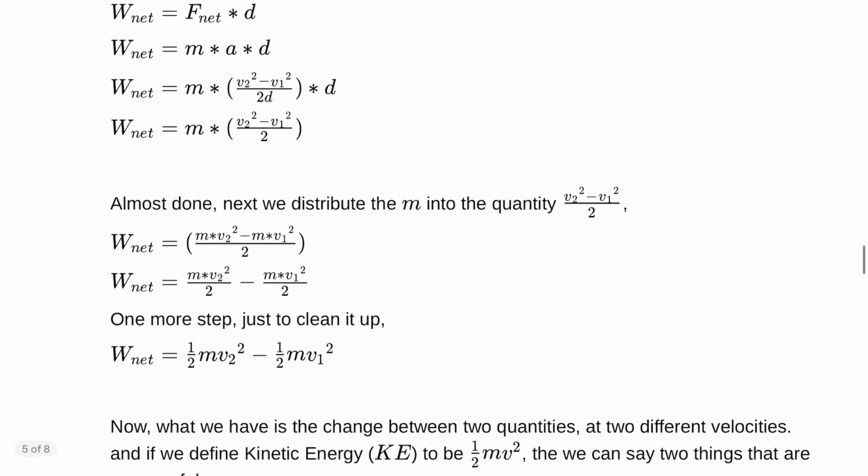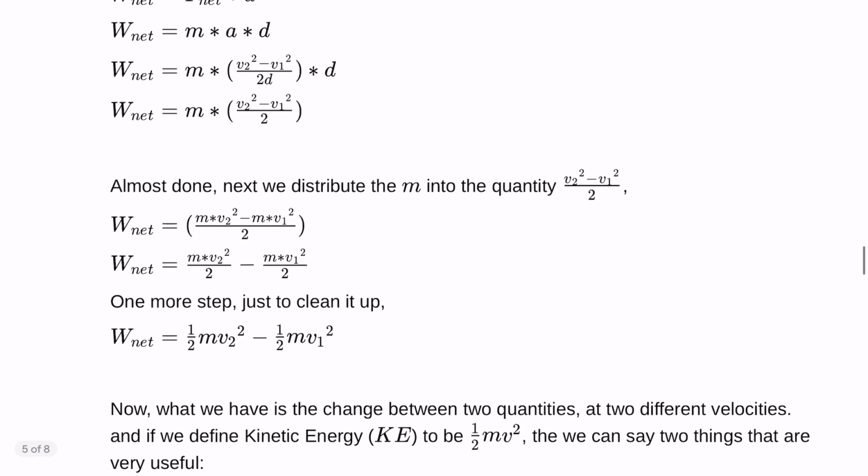And so here's an important statement we're about to make. What we have is the change between two quantities at two different velocities. And if we define kinetic energy to be 1/2 mv squared, then we can say two things that are extremely useful.